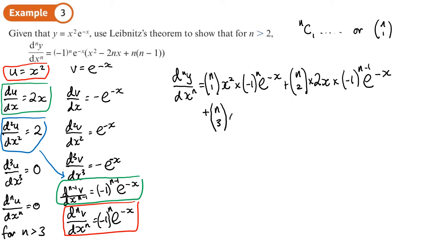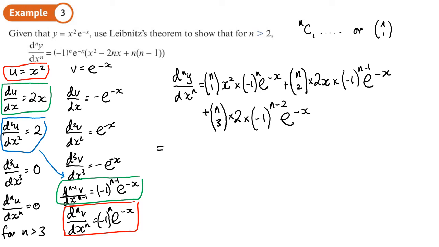That will get times 2, the one that's highlighted in blue, times negative 1 to the power n minus 2 times e to the minus x. So there's no point putting plus dot dot dot at the end, because these will be the only terms in this series.